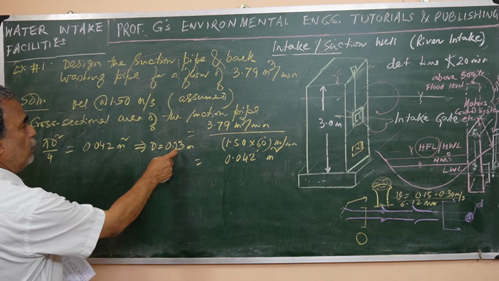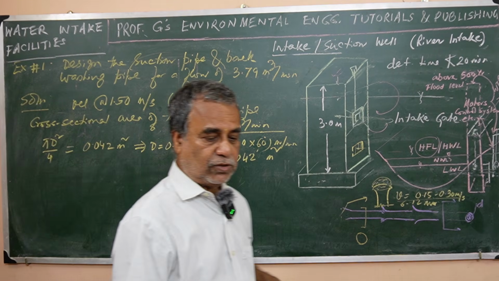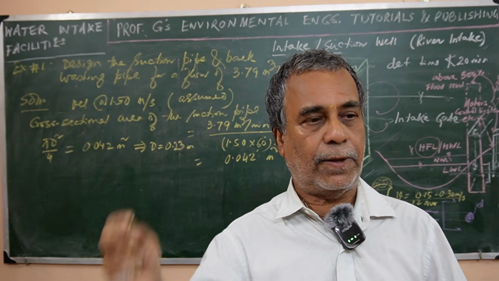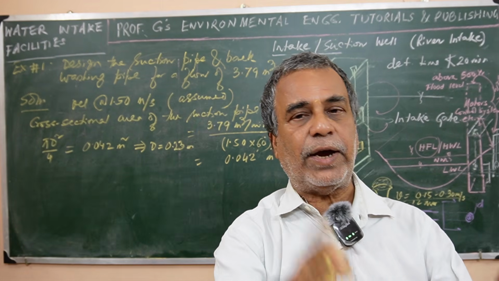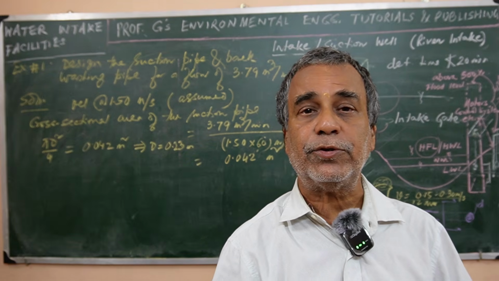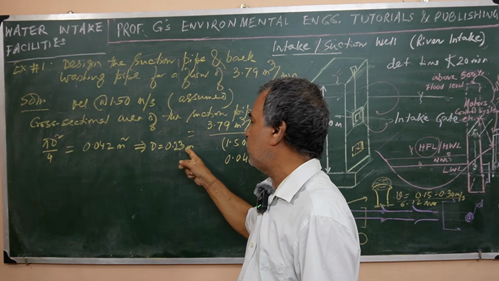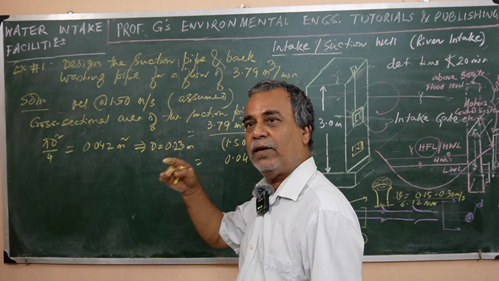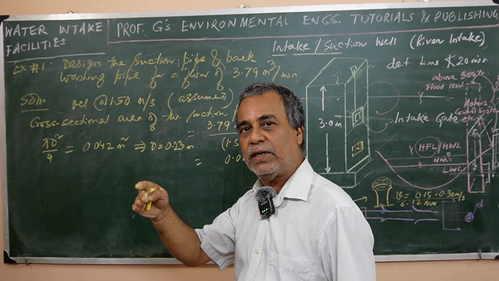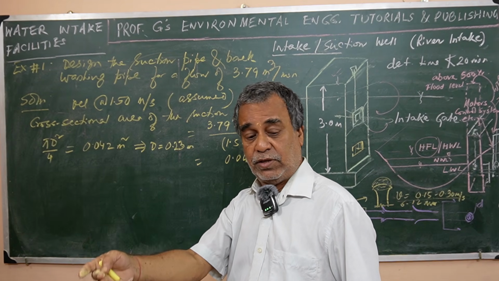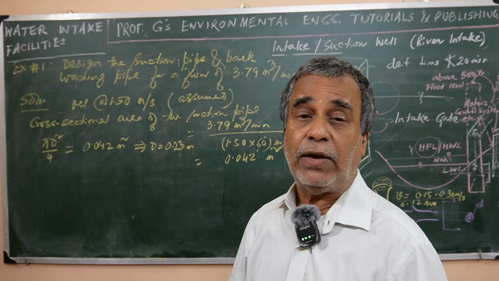And when you calculate these things for a pipe, you cannot take exactly that 0.23 meter. It has to be on the higher side, the nearest higher size which is available. So that will be available in the market.